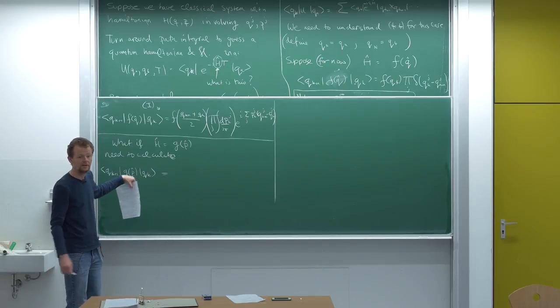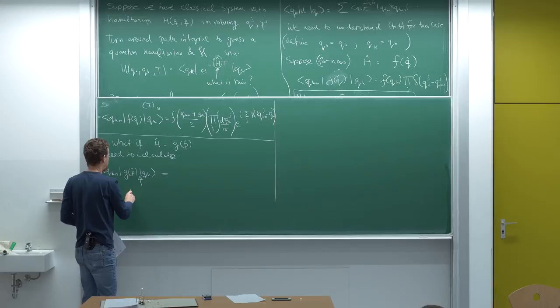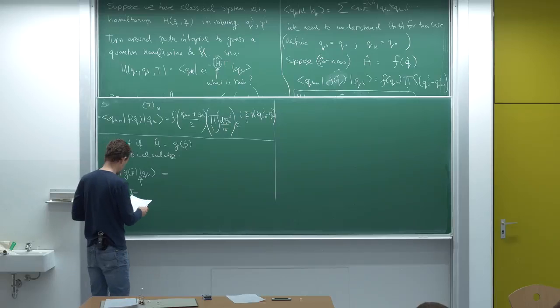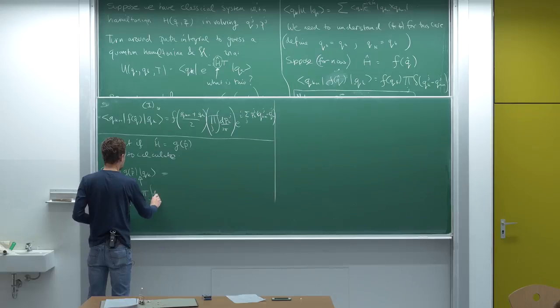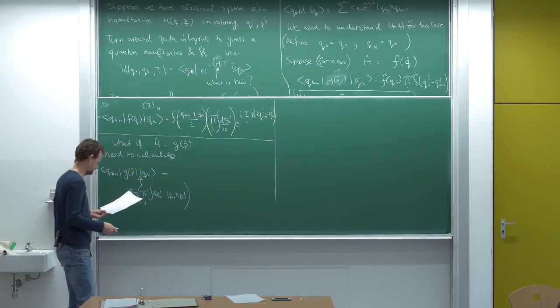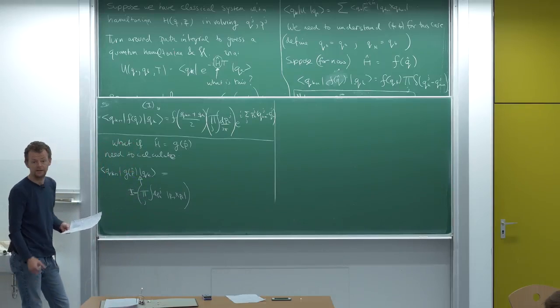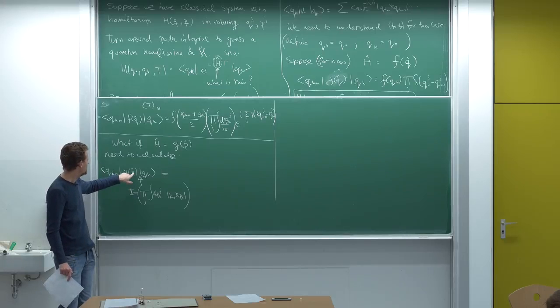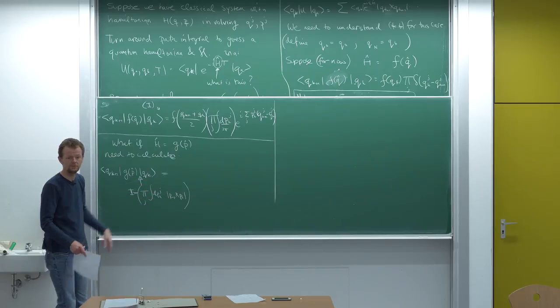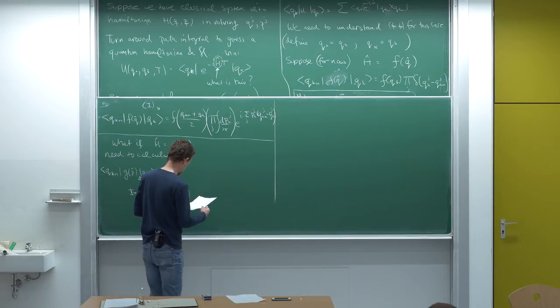We could do so by inserting another completeness relation, but this time a completeness relation of the momentum eigenbasis. And then we're in a good state, because g of p hat acts on a momentum eigenbasis element and gives you a number. So that's super easy.